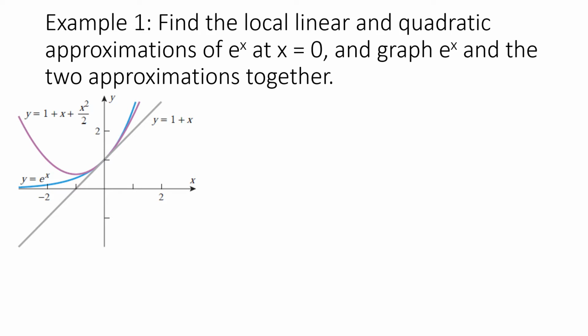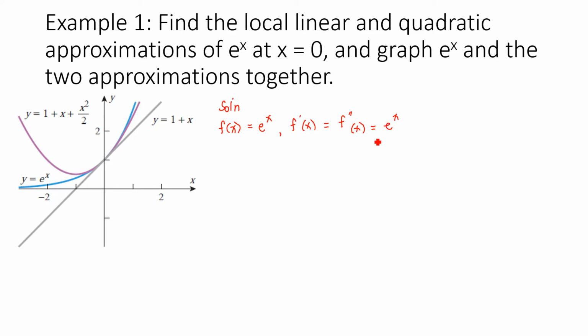For our solution, we let f of x be e raised to x. Then the first derivative and the second derivative of f of x are equal to e raised to x.